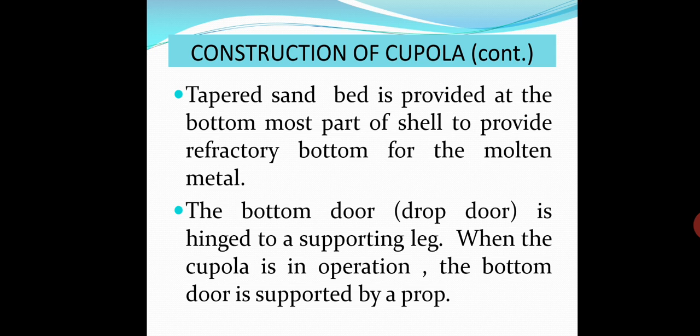This bed acts as a refractory lining from the bottom. The bottom door is a drop door, because it is hinged to a supporting leg and is supported by a prop.